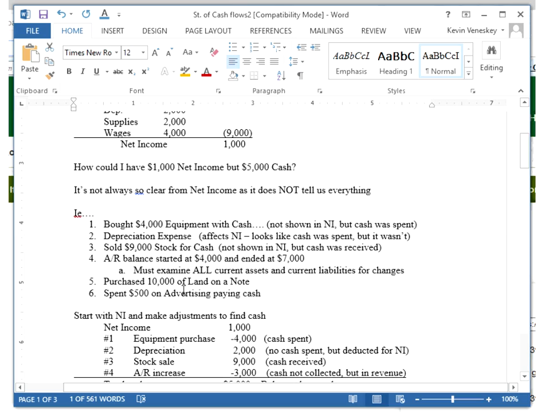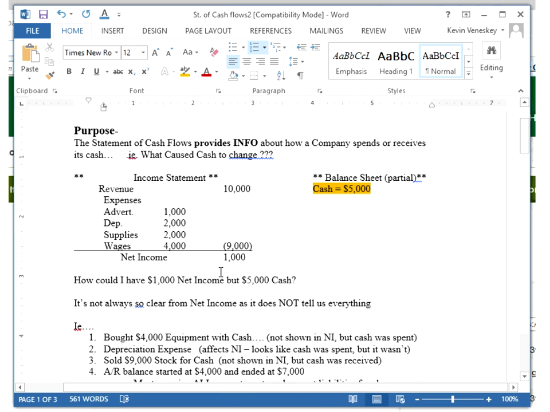All right, let's look at this next note. If I purchased $10,000 of land on a note, well, I would have debited my land, and I would have credited my note payable. Land is an asset. Notes payable is a liability. Nowhere does that $10,000 purchase of land show up in my income statement.